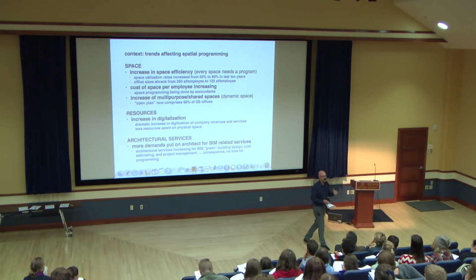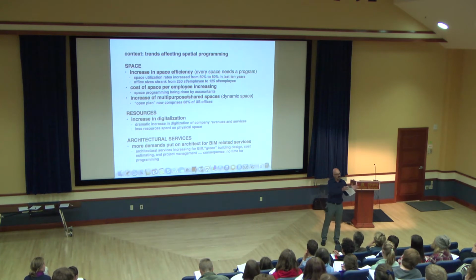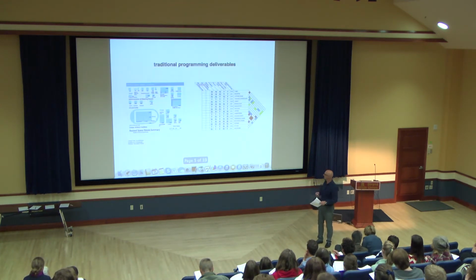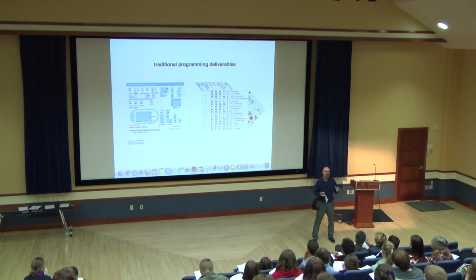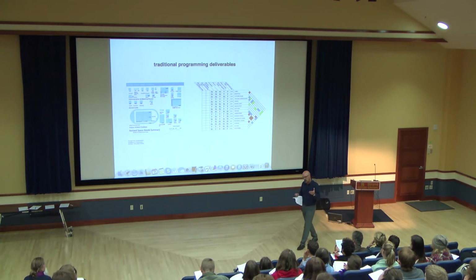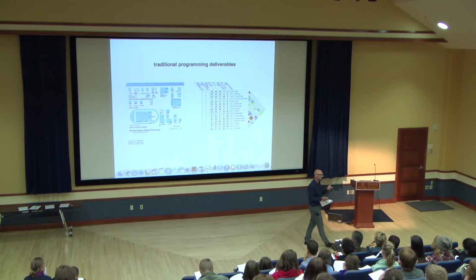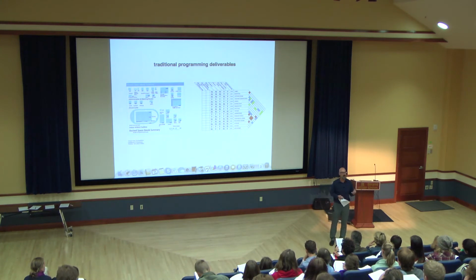And as architects, we're being pushed from the beginning phases to the latter phases, where we work with the contractor on budgets and construction, right? With all of these things happening, what we should at least be doing is questioning our methods and how we go about that programming phase.